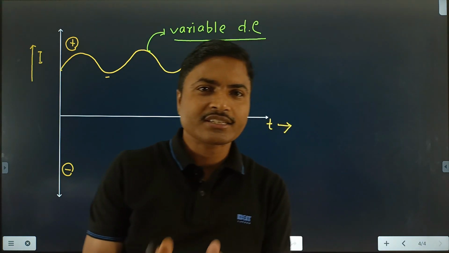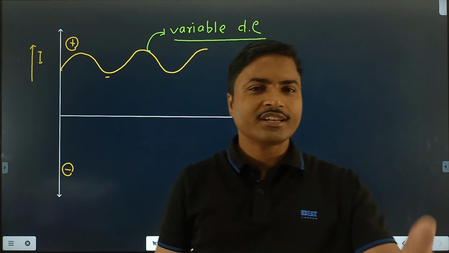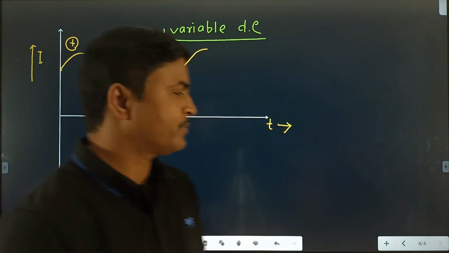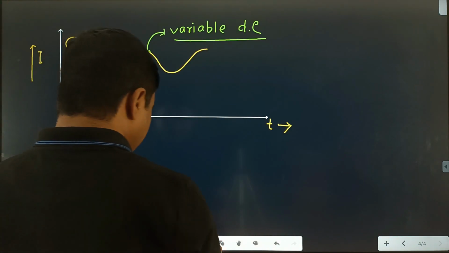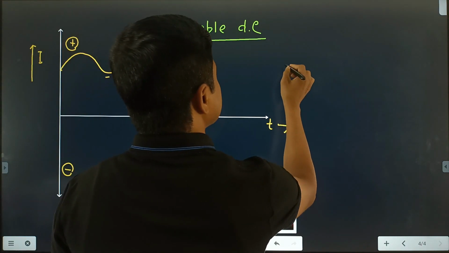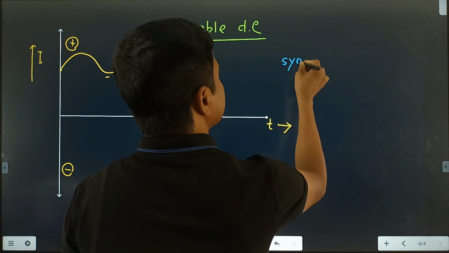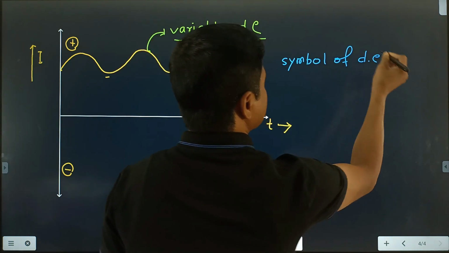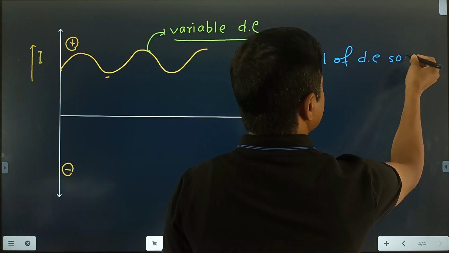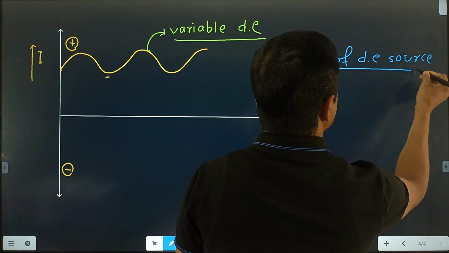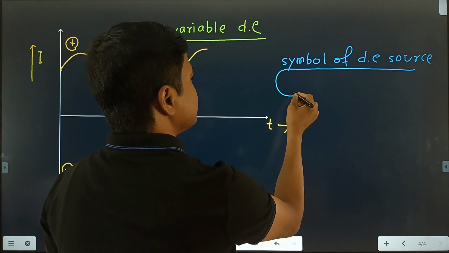So direct current simply means its direction does not change with respect to time. Direction is always fixed, always constant. The symbol of a DC source in a circuit diagram is just like this.